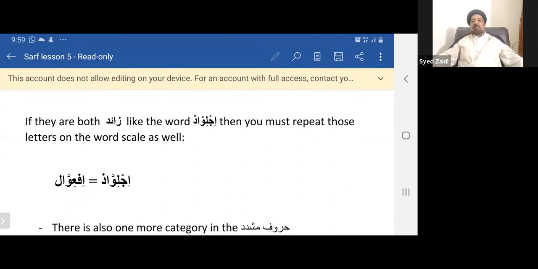Like ijlawwaza, as you can see, if'awwala. You see the two waws, both of them were zaid, right? Ijlawwaza is equal to if'awwala. Fa, ayn, and lam, right? Now, if you can move on to the second one, please.